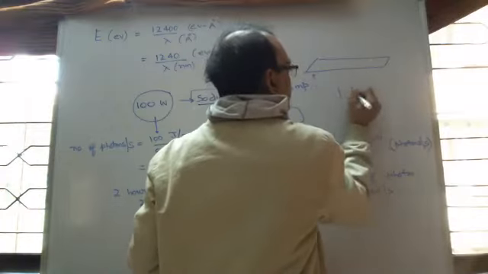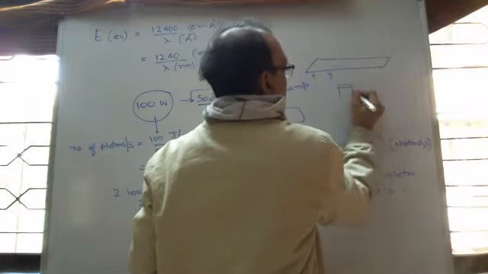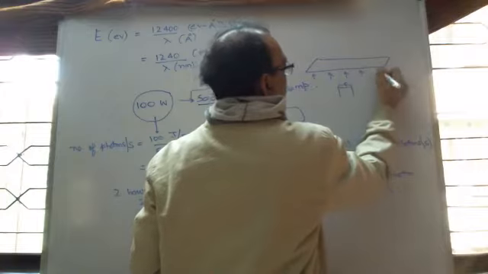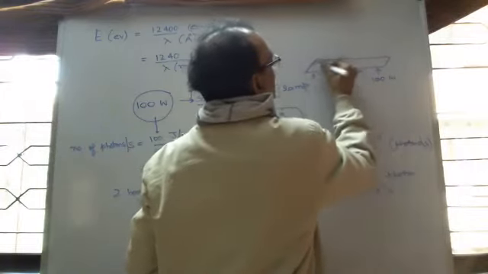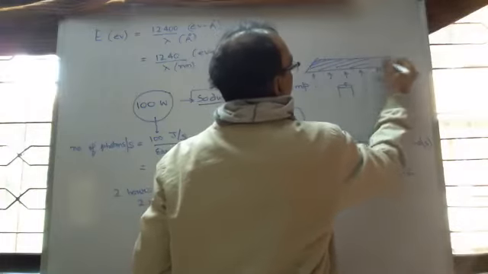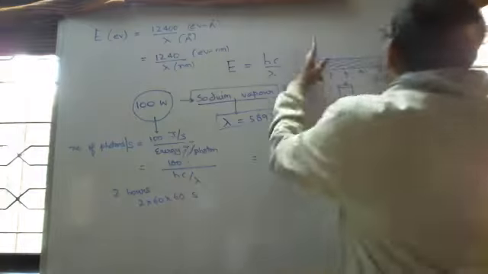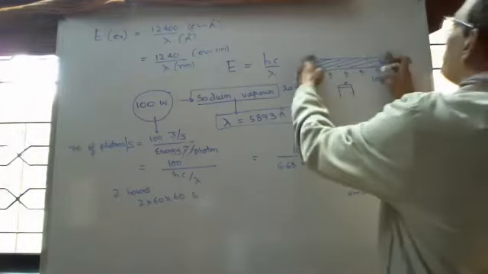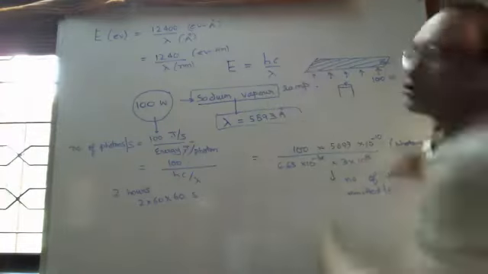Say this was my 100-watt lamp, and the entire energy from this 100-watt lamp, say theoretically, falls on a surface of area A, passes through a surface perpendicular to an area A. This 100 watts of energy is passing through an area A.